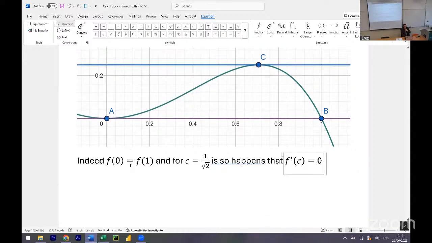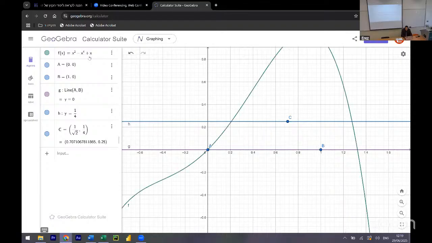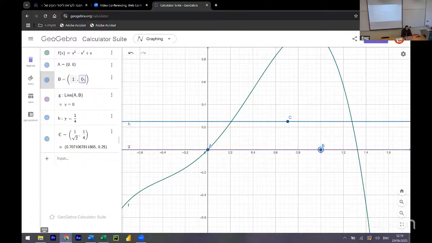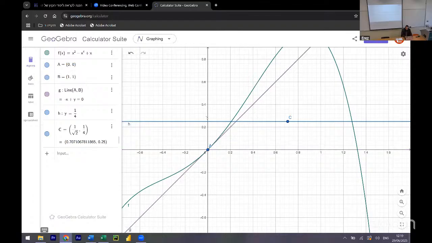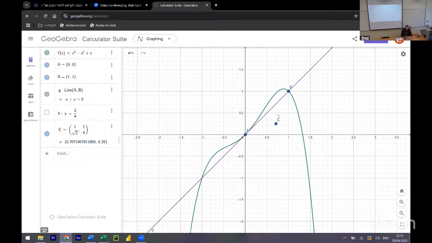So now, let's look at the following example. I'm changing the function a bit, plus x, and I change the point to be 1, 1. So what did I do?